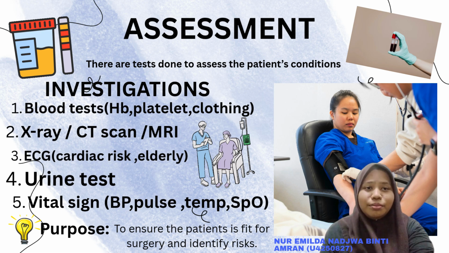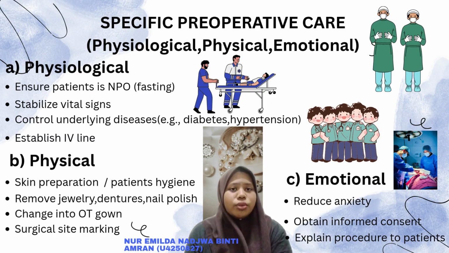Preoperative care involves thorough assessment and preparation of the patient to ensure safety during surgery. This includes physiological care such as ensuring the patient is fasting, stabilizing vital signs, controlling underlying medical conditions, and establishing an intravascular line.